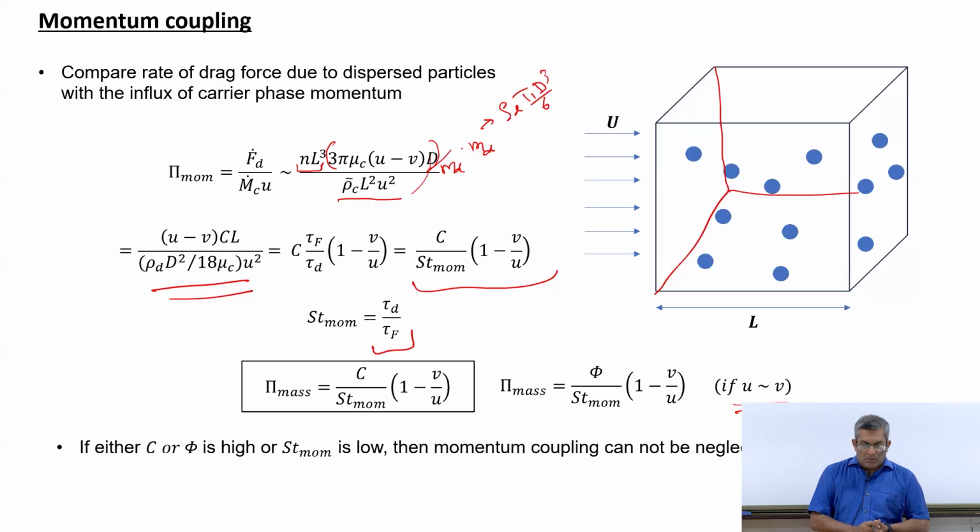Now, what does this physically mean? What happens if the Stokes number is very high? If the Stokes number is high, this means that the particles don't respond to the flow. So, they will simply pass through the flow without interacting much.